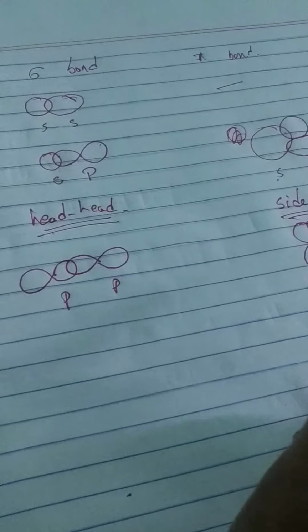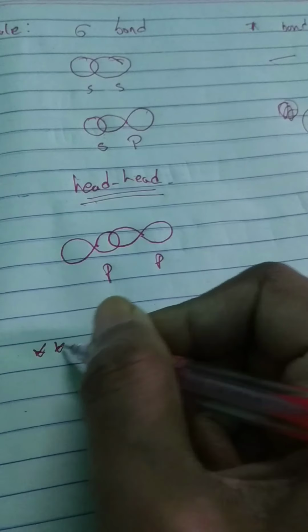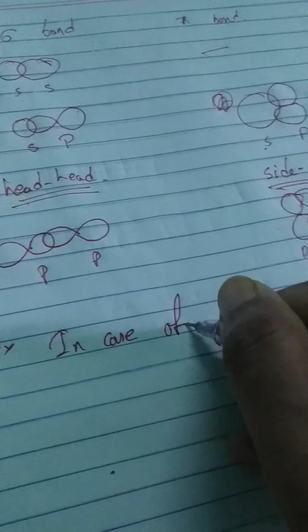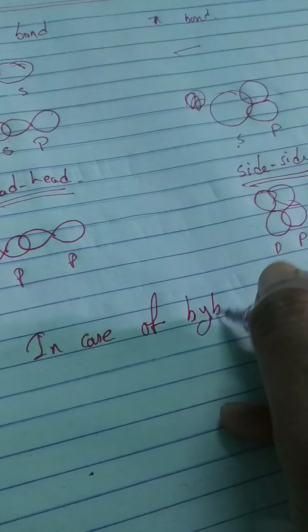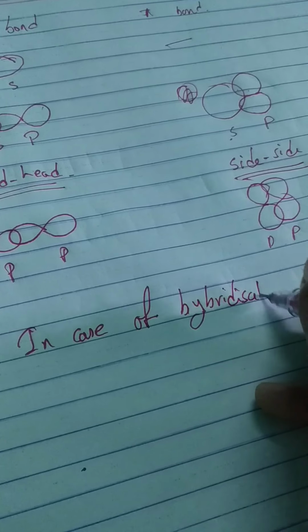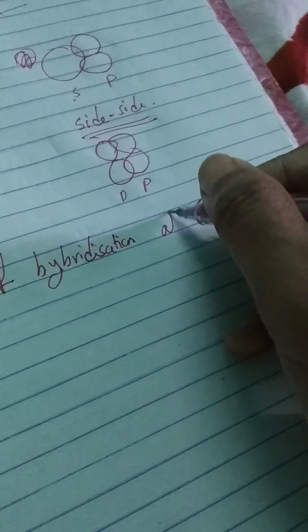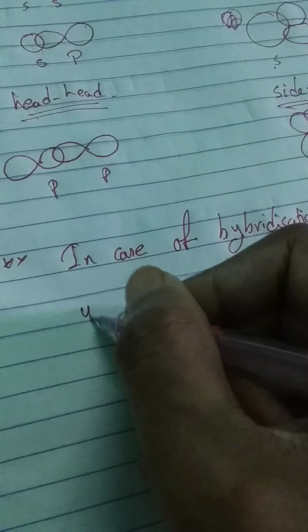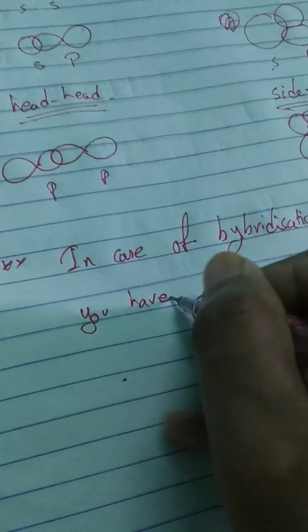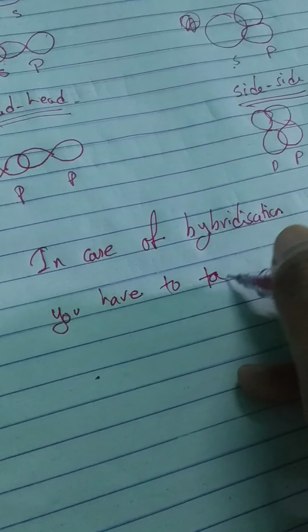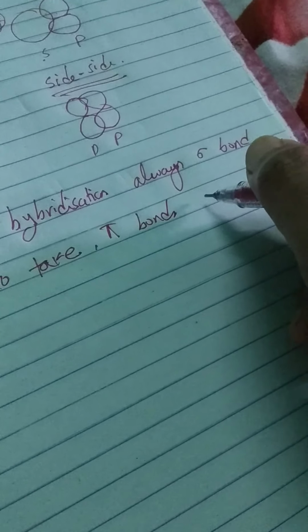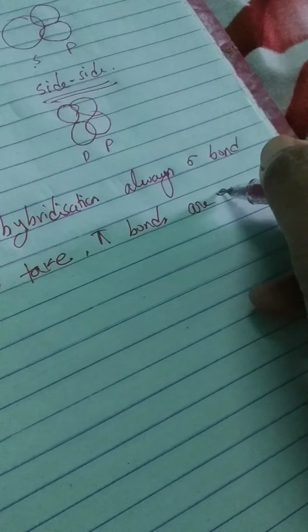Now the rule is that in case of hybridization, you always have to take sigma bonds; pi bonds are excluded.